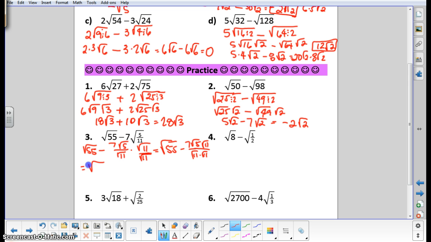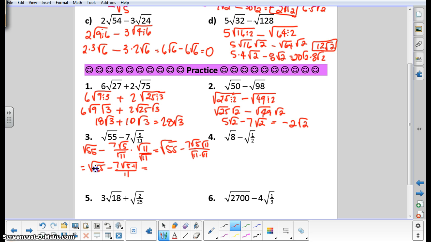So we're still carrying that positive root 55, and let's work on simplifying this. So I have a 7. We can combine the root 5 and the root 11 under one root, but 5 times 11. And root 11 times root 11 is just plain 11.